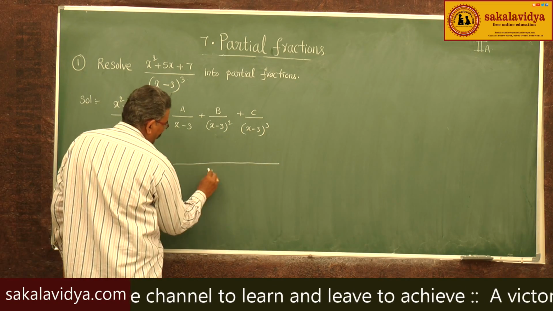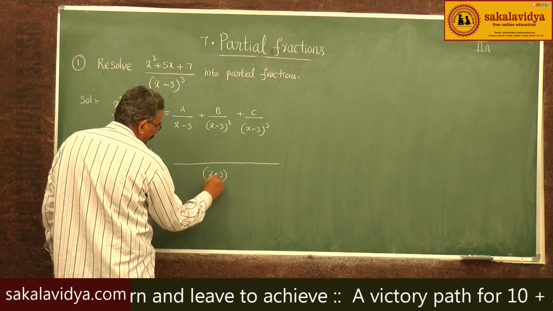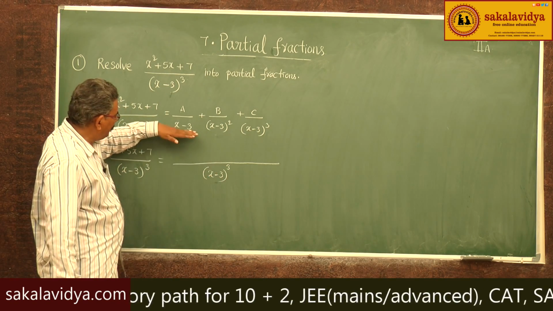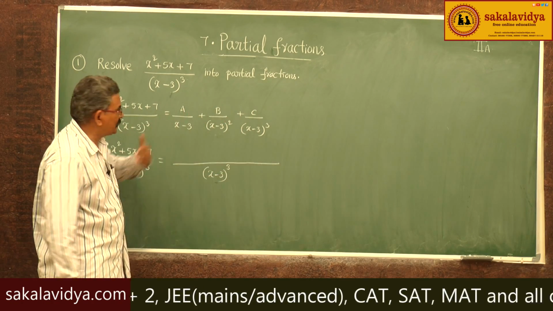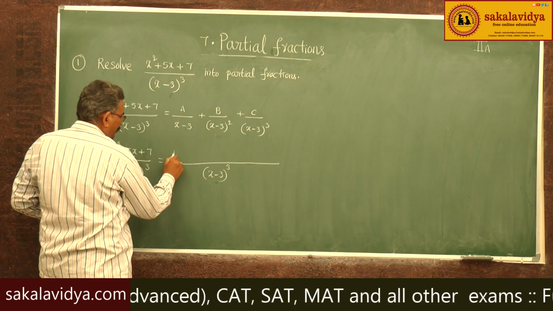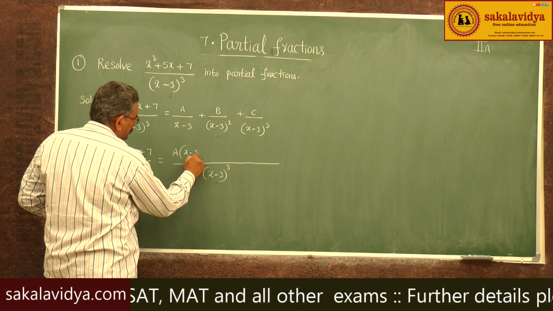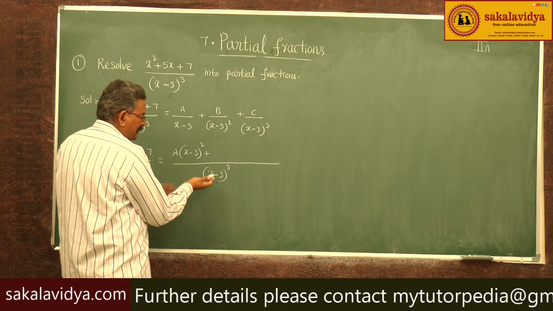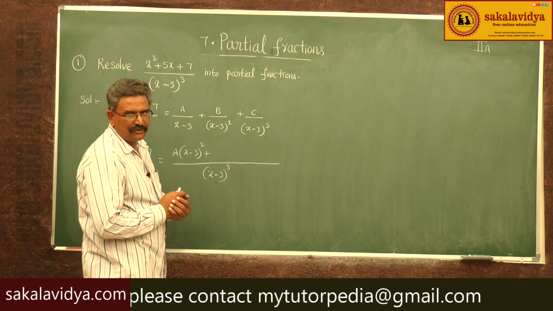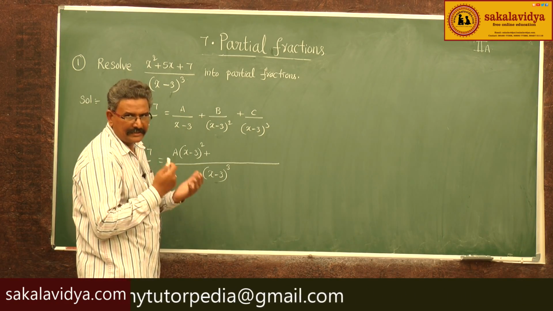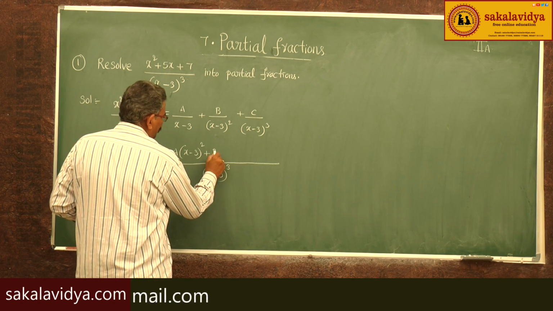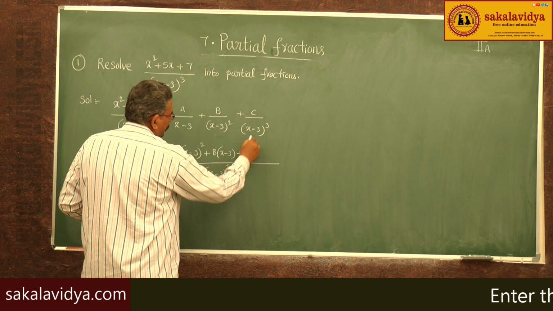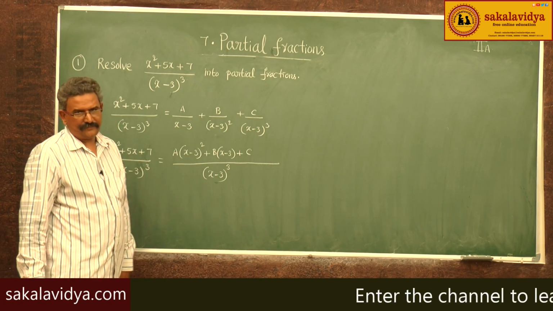Now, (x minus 3) whole cube is the LCM. (x minus 3) whole cube divided by x minus 3, we get (x minus 3) whole square multiplied with a. Plus (x minus 3) whole cube divided by (x minus 3) whole square, what do we get? We get x minus 3, so b into (x minus 3), plus c, which is a constant.